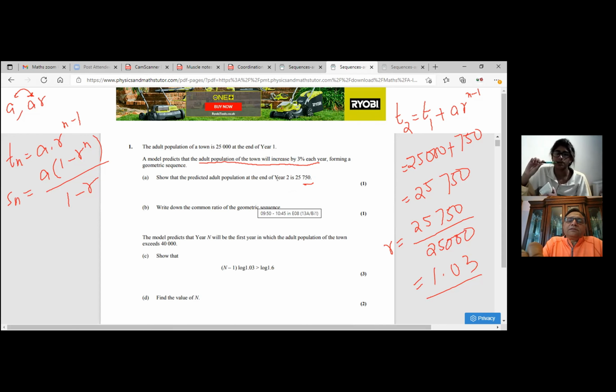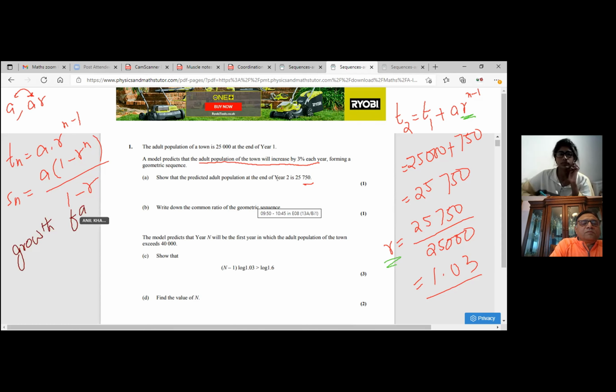Right. So let me summarize here. This R is different from that R. You get my point? This R is the geometric series R. What we normally say is that there are two terms we have to look into. I'm not sure whether they can ask it in a different question. One is growth factor, and another term is growth rate.